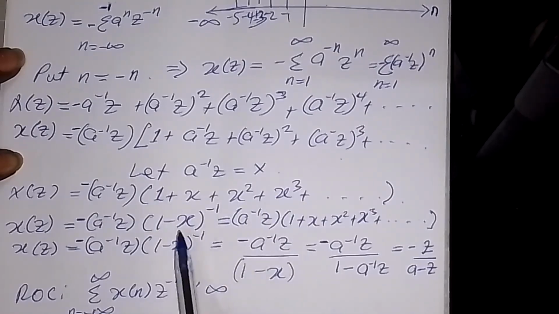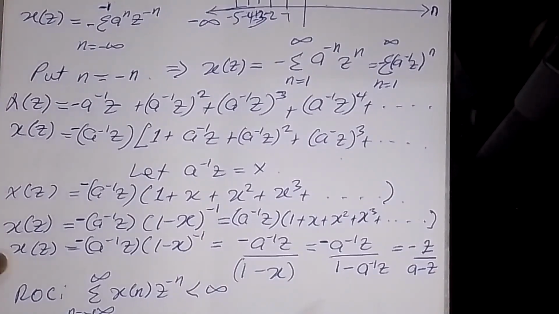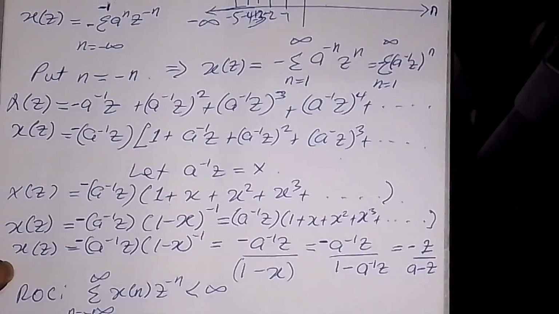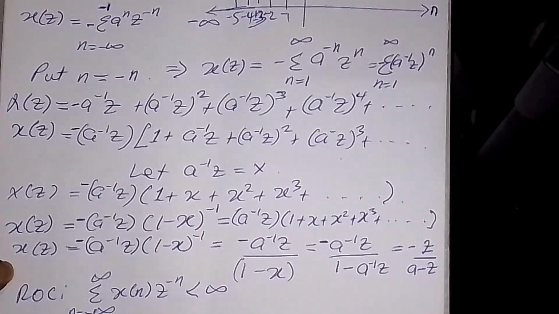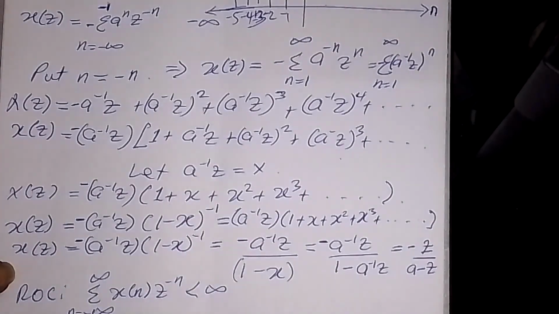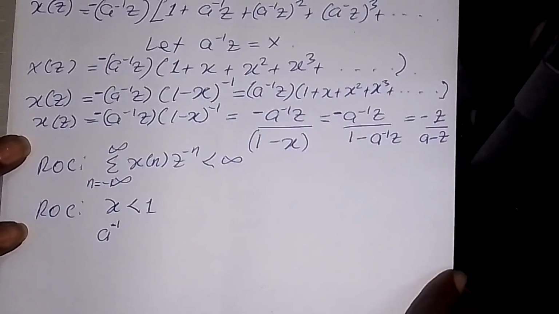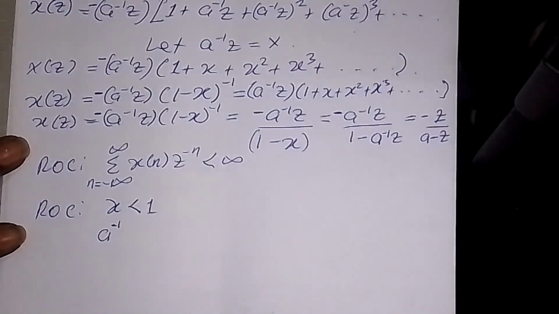So that means that my ROC is such that x should be less than 1. And I know that x is actually a exponent minus 1 z.